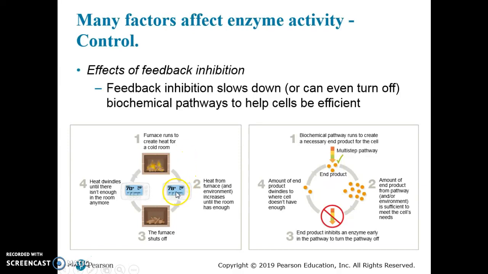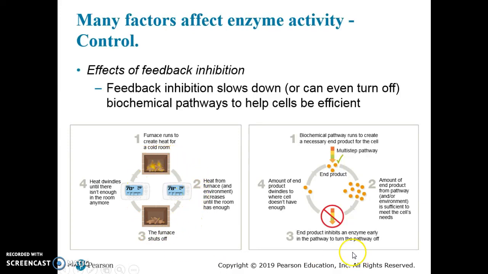The temperature goes up to 78 degrees. Once the thermostat senses that the temperature is right, the furnace shuts off. The heat slowly dwindles, and then once the temperature reaches 70 degrees, the furnace turns back on. And so you have this process of feedback.